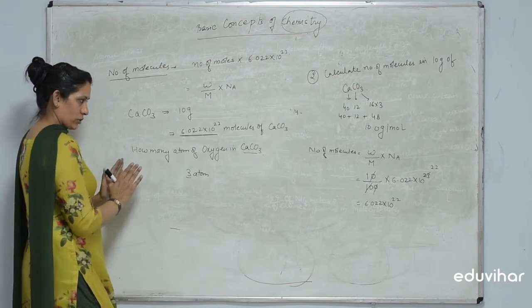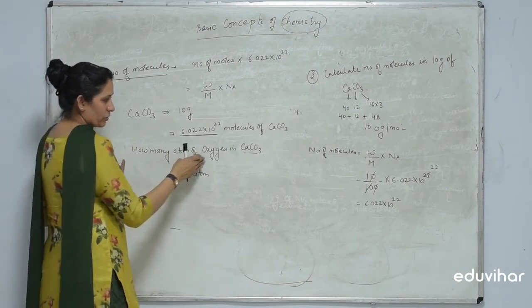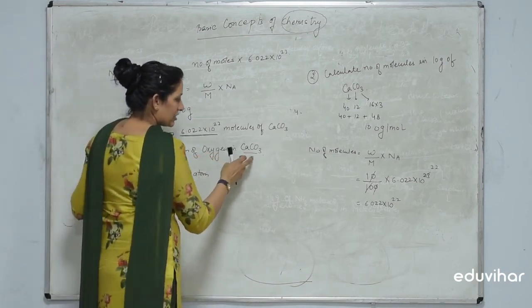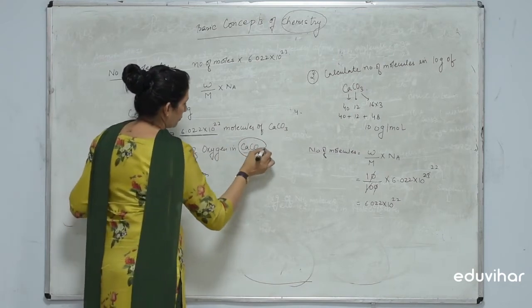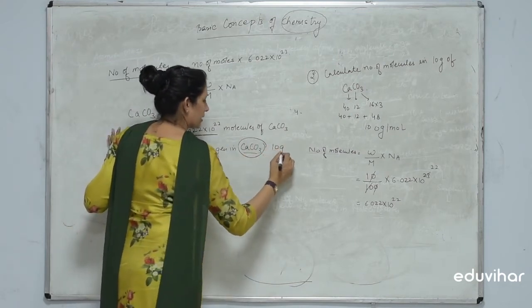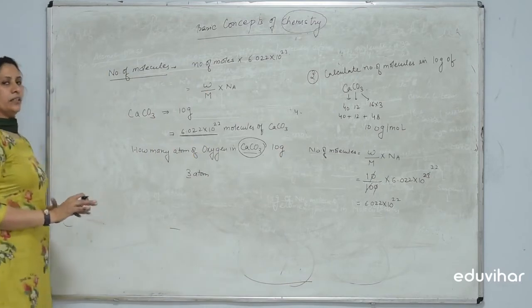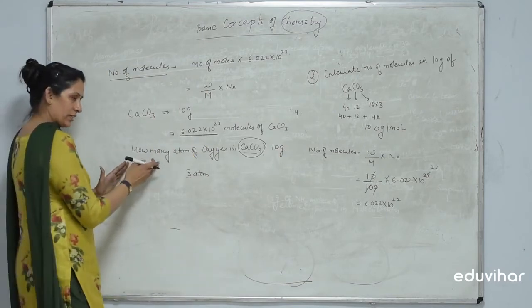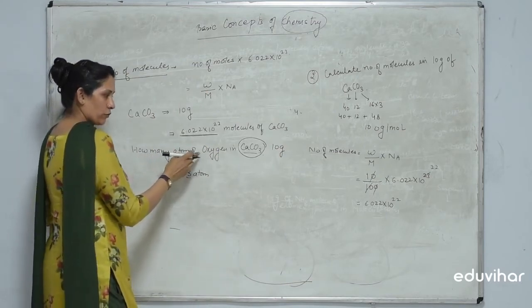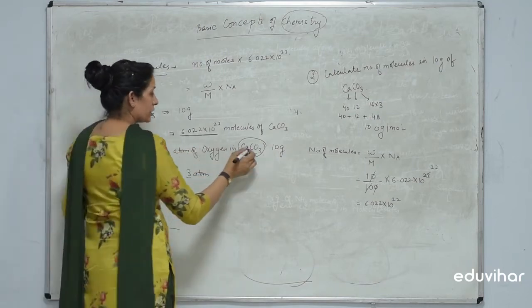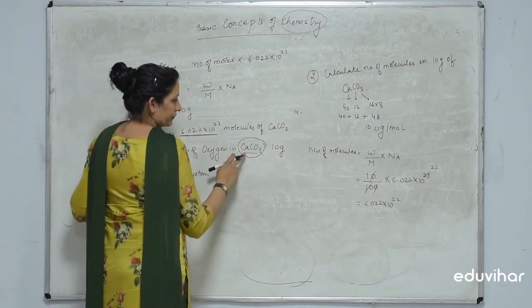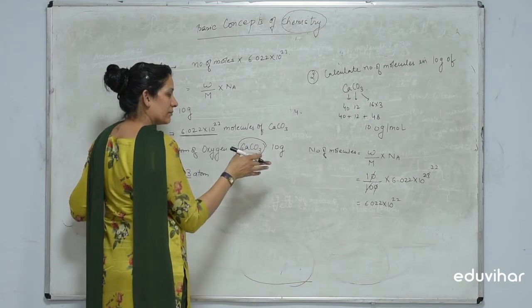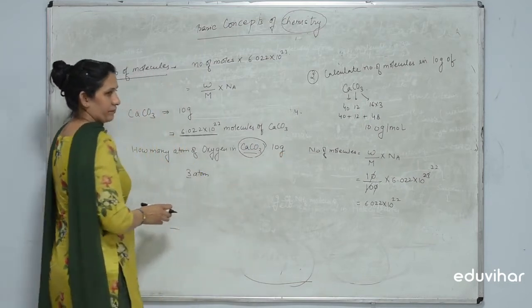I am asking how many atoms of oxygen are in the calcium carbonate that has 10 gram mass. Again repeating the question: how many atoms of oxygen in the calcium carbonate that contains 10 gram?